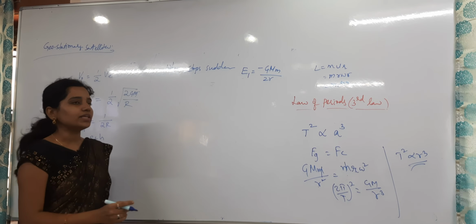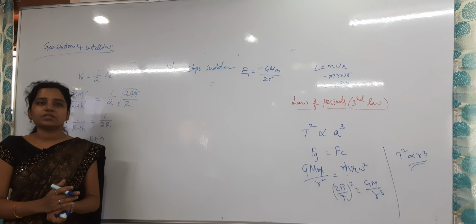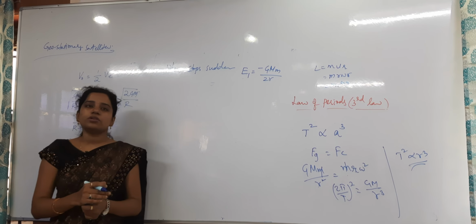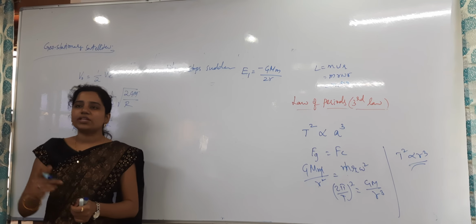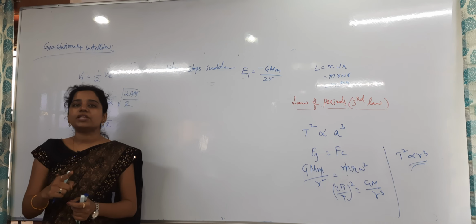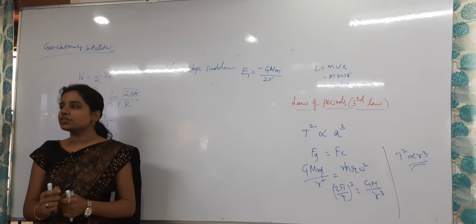And whenever it hits the ground, it is striking with what velocity? Velocity v. That velocity only you have to find out. Whenever it strikes the ground, it will have which energies? One is kinetic energy because it is hitting. Another is gravitational potential energy, because it is on the surface of the earth.